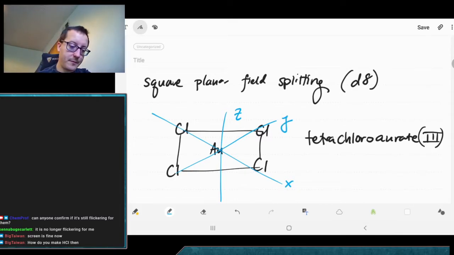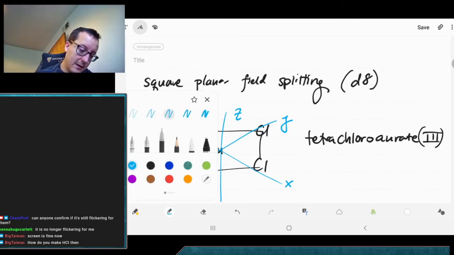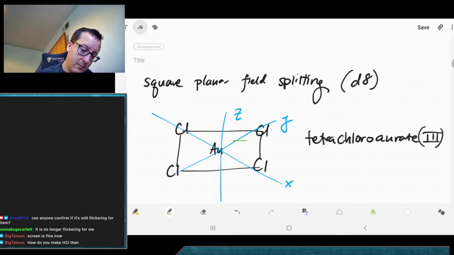So first off, let's do xz, which would be between these two. The other side is not going to be touching the ligands. And yz, which would be this one and that one, and the other two would also not be touching our ligands.